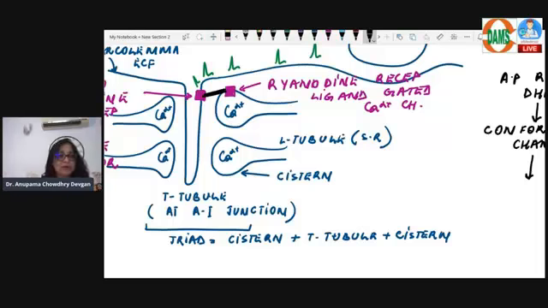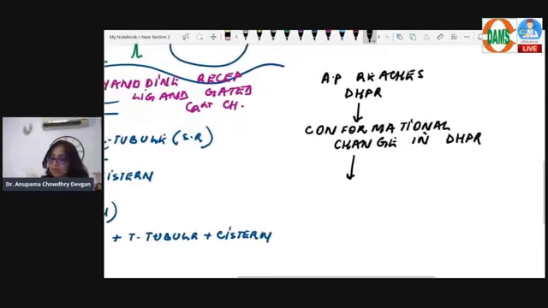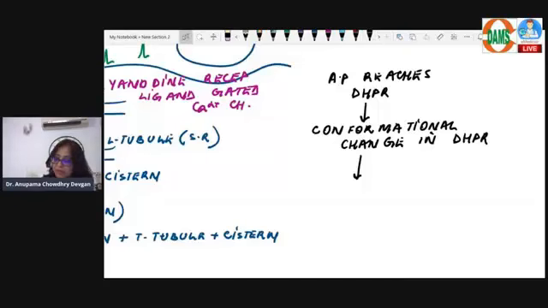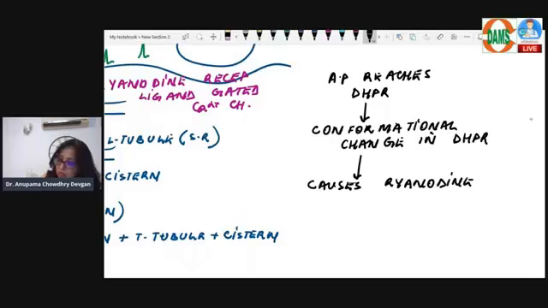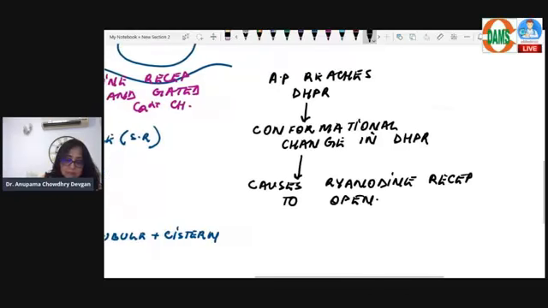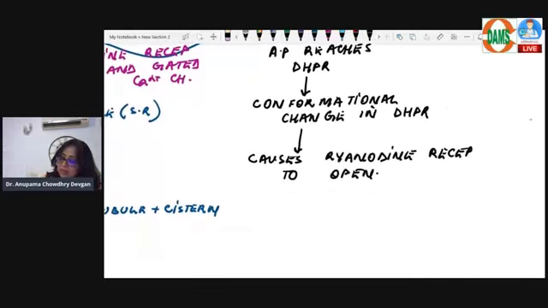So a conformational change in the dihydropyridine receptor causes the ryanodine receptor to open. Right?